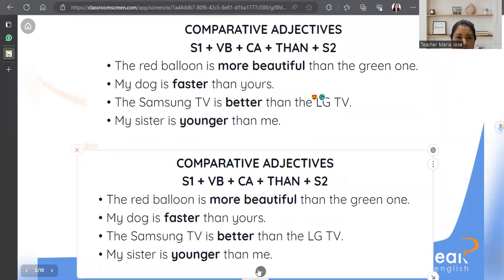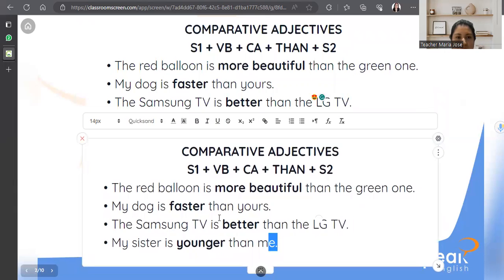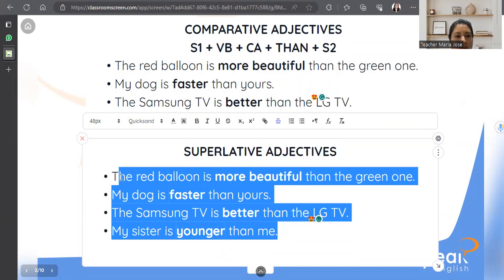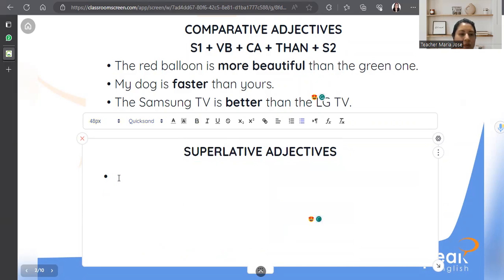Now I want you to tell me some examples, but for the superlative adjectives. I'm going to erase the structure because it's not the same, but I want you to give me some examples. Let me see, Letty.